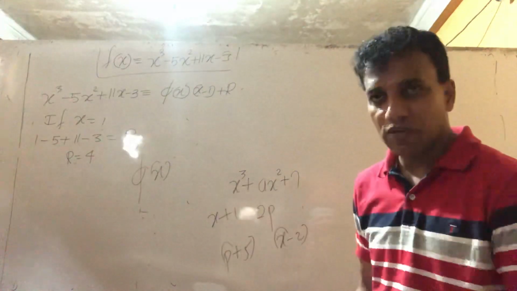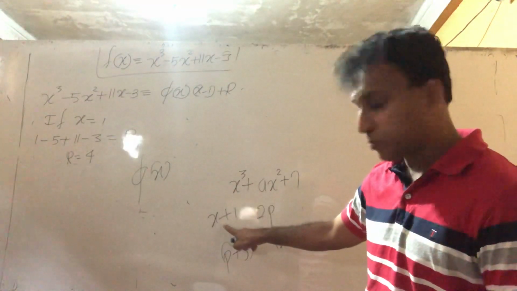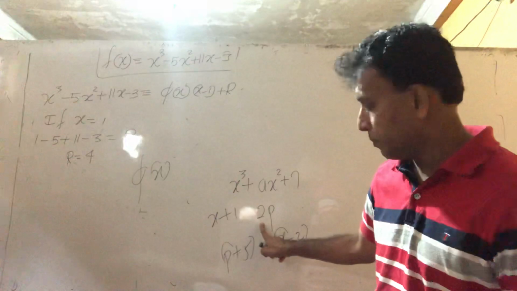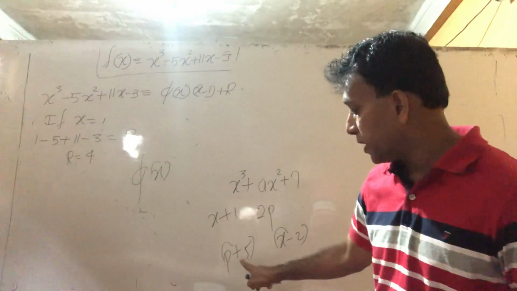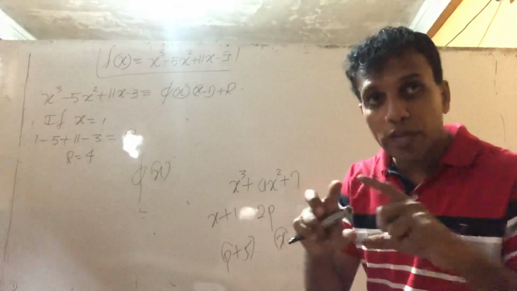In a similar fashion to what we did in the previous question, this expression divided by x plus 1 has remainder 2p. The second time, divided by x minus 2, the remainder is p plus 5. So build up two equations and solve.